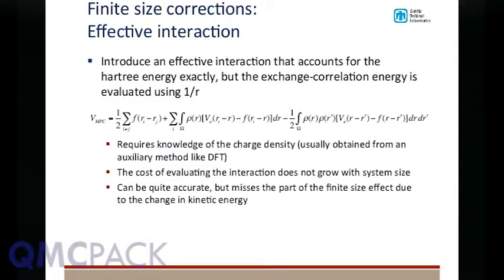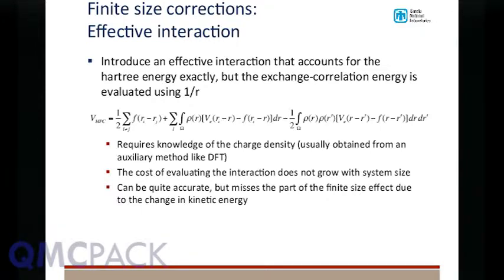You basically need to know the density from your DFT calculation, let's say, that I can use in a Poisson solver and get the Hartree energy. And then you're going to do some summation over the difference of that and the correlation energy. So it requires knowledge of the charge density, which you usually get from something like density functional theory.